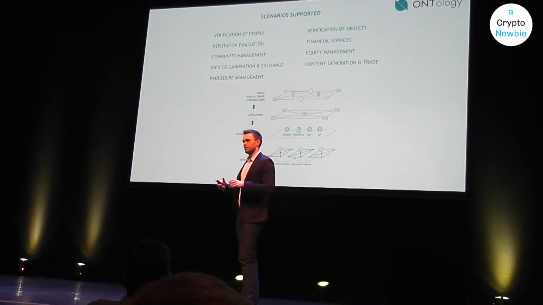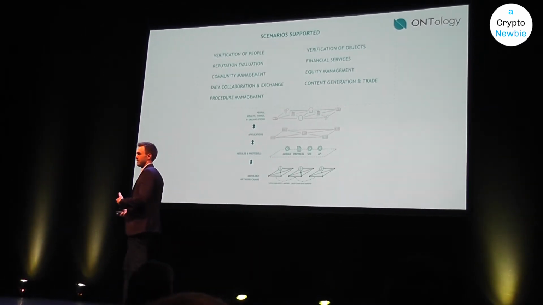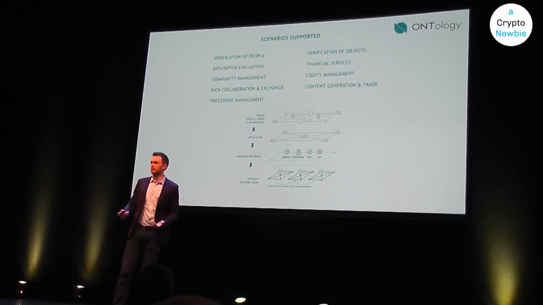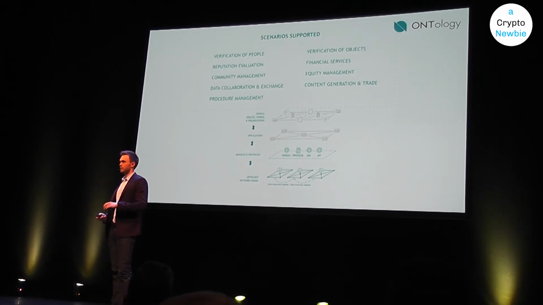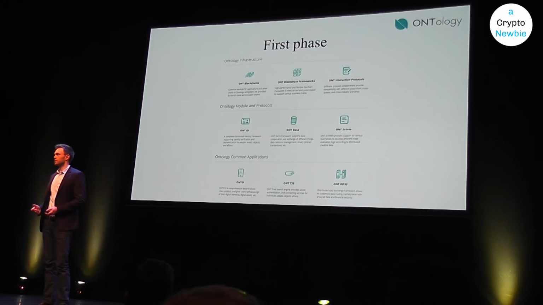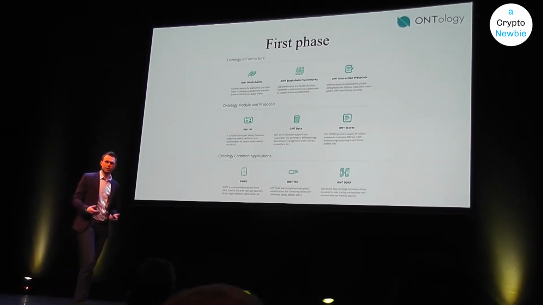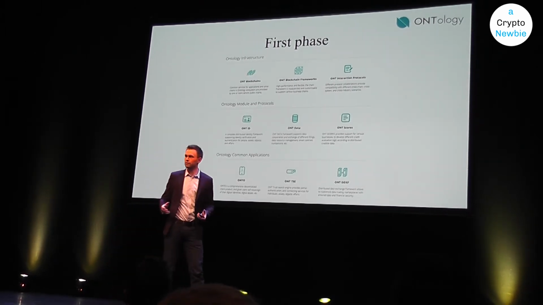So again, we don't try to solve a specific business problem, but we do still propose some applicable scenarios, and initially also do that to inspire how to build on top of it. And we'll get back to these scenarios later. In the first phase of ontology, we will provide some framework where you can build your own chain with that, but we will also provide some common chains.